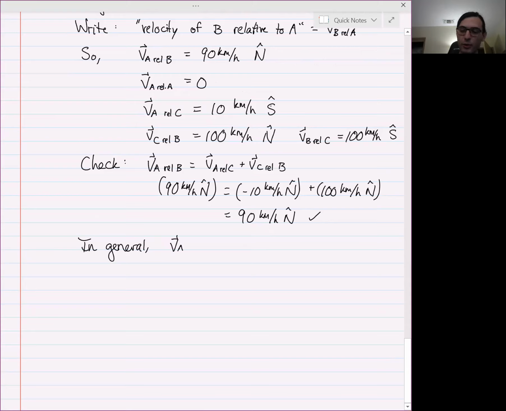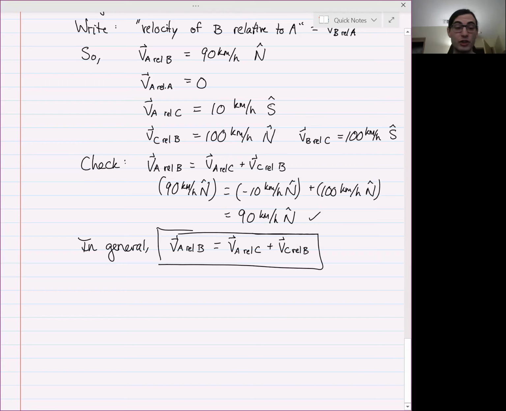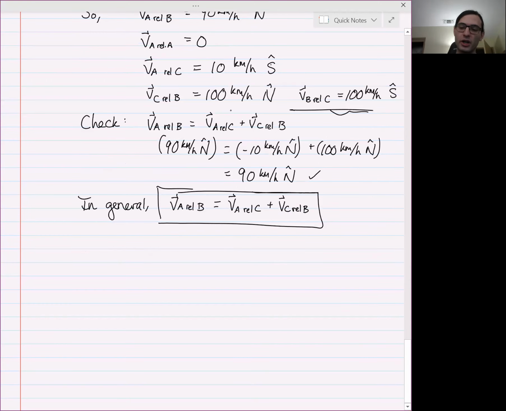So in general, and I know I'm just repeating what I just said, the velocity of A relative to B is the velocity of A relative to C plus the velocity of C relative to B. Also, another feature that we can check using these two data points is that the velocity of A relative to B is equal to the negative of the velocity of B relative to A. That is, if A sees B going to the north at 10 kilometers per hour, then B will see A going to the south at 10 kilometers per hour.